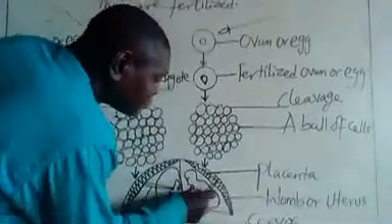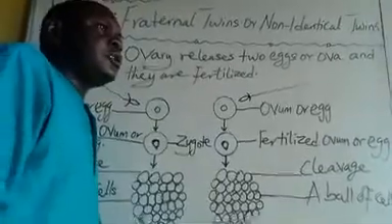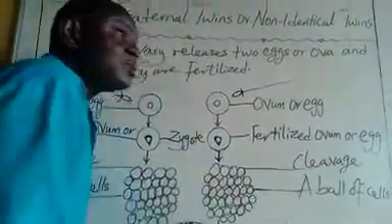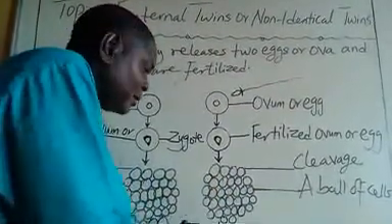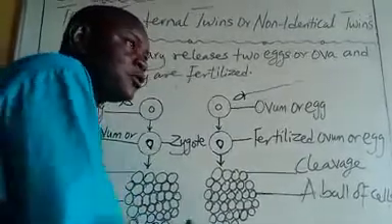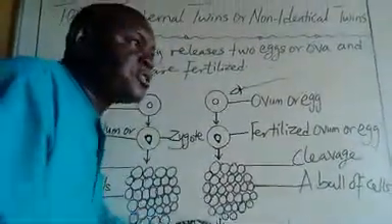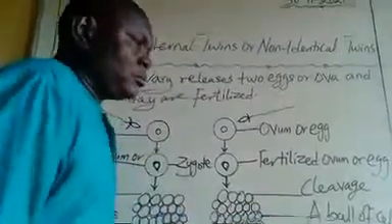So the waste products will now move into the maternal blood. Then there are excretory organs in the mother. Those excretory organs will remove the waste products from the maternal blood.